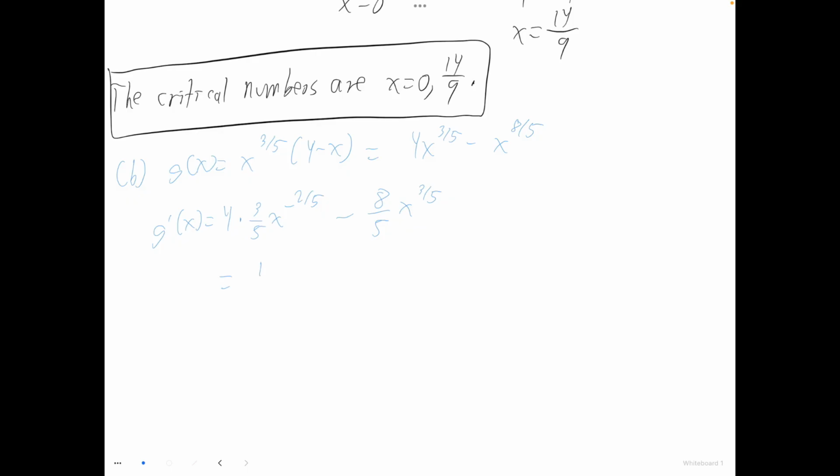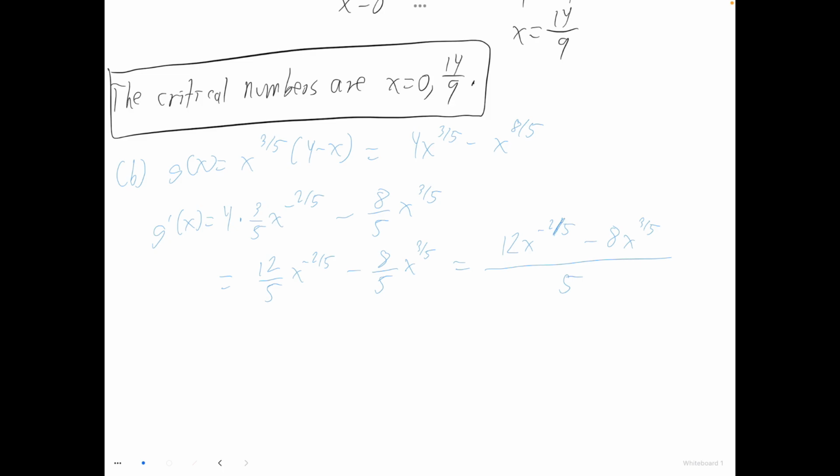So this gives us 12 over 5 x to the minus 2/5 minus 8 over 5 x to the 3/5. So we've got 12x to the negative 2/5 minus 8x to the 3/5, divided by 5. So this is then the derivative.